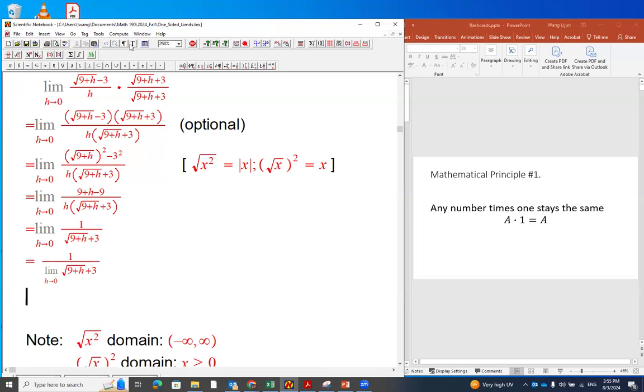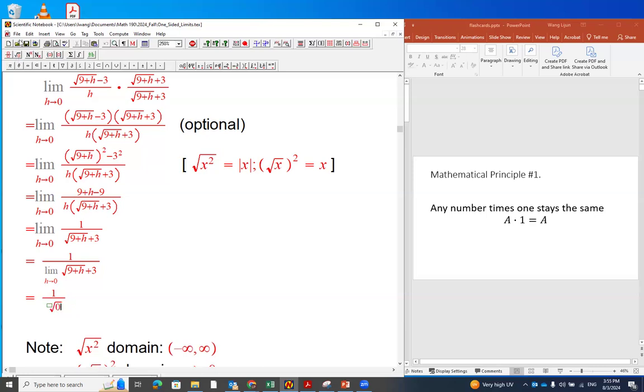And we're applying the limit law, and that equals, in the end, direct substitution. For that direct substitution, we're going to have 1 over root of 0 plus 9 plus 3, right? So in the end, we get 1 over 6.